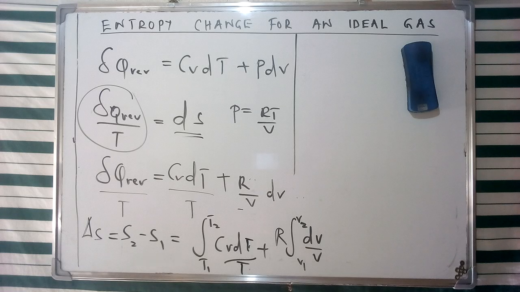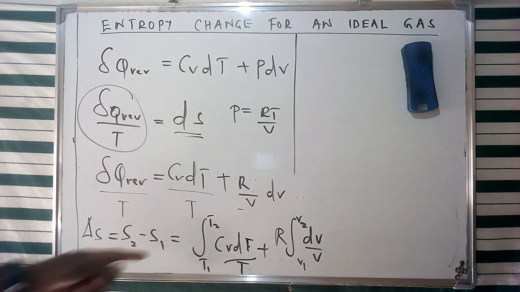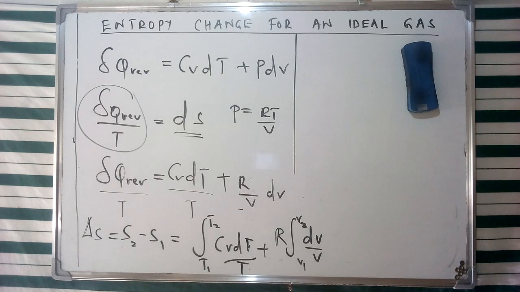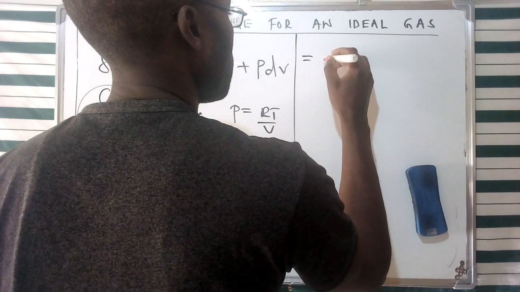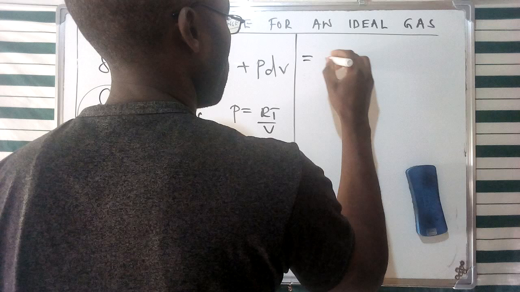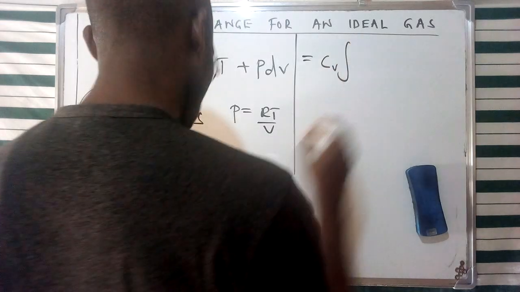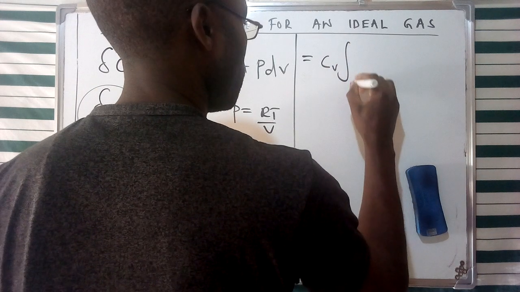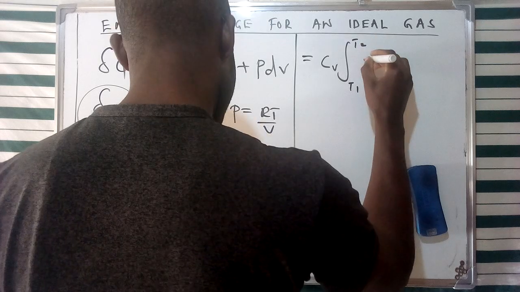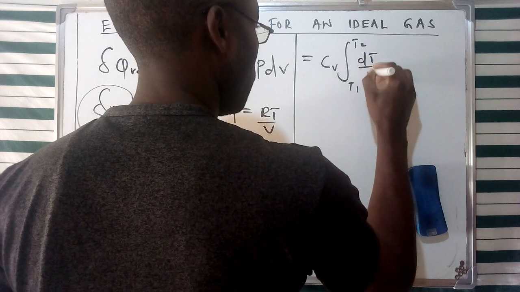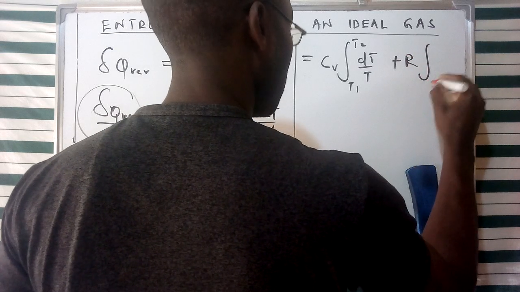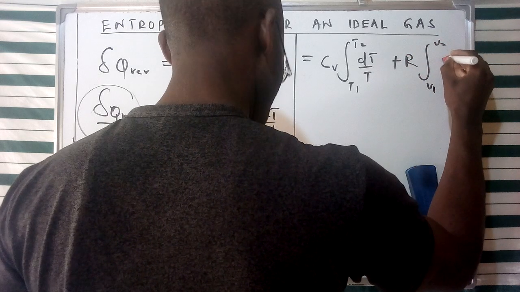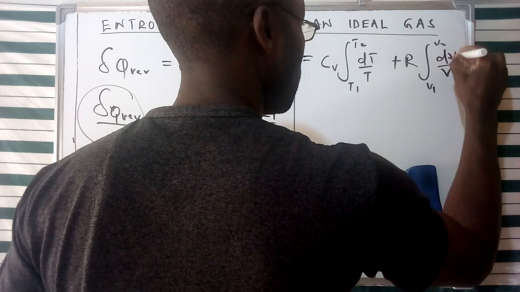So we can have this version of the equation represented as Cv, the molar heat capacity at constant volume, taken out, so that we represent this as the integral from T1 to T2 of dT over T, and then R, the integral between V1 and V2 of dV over V.